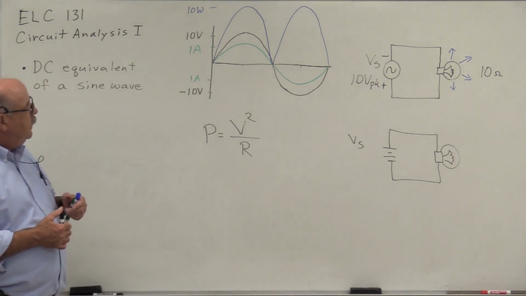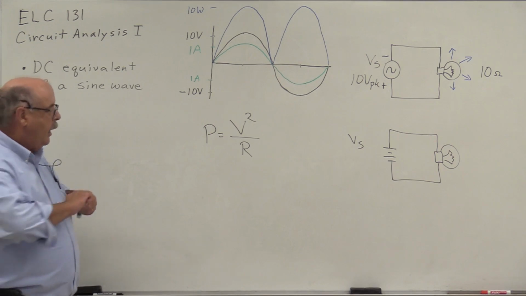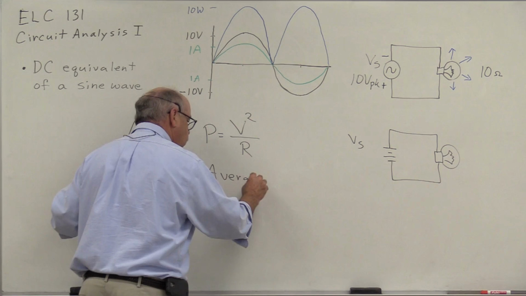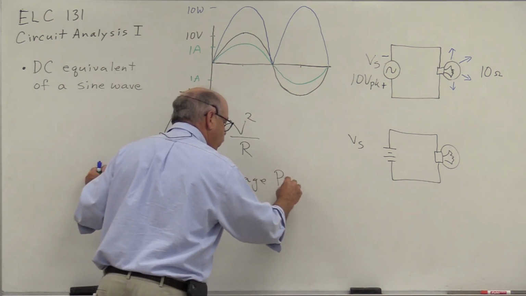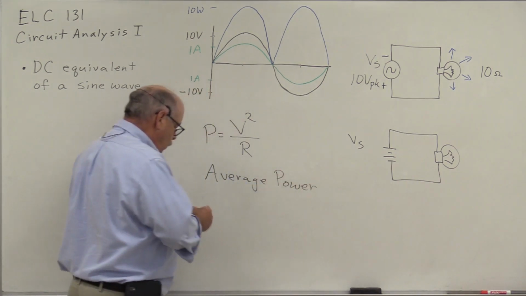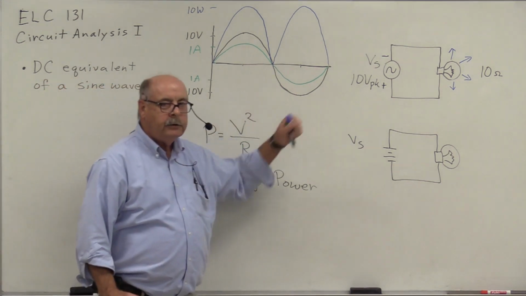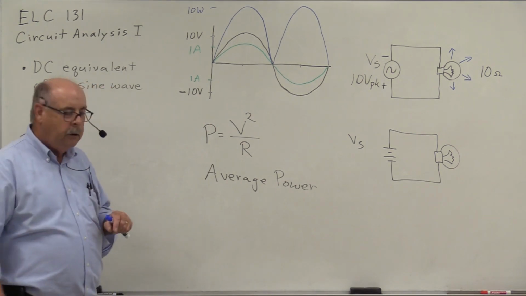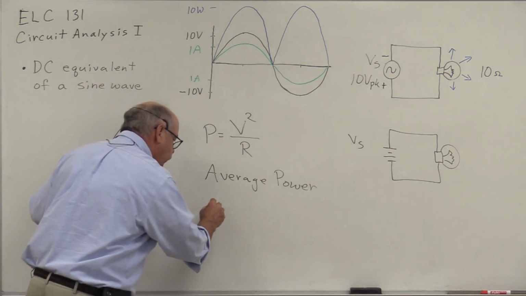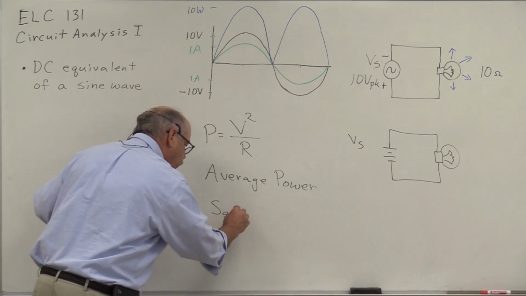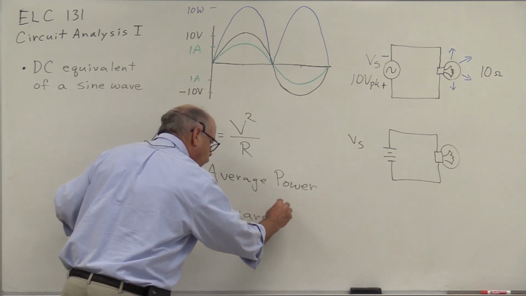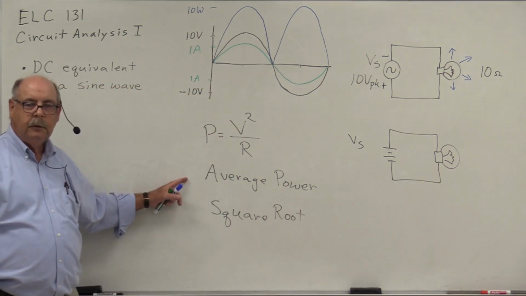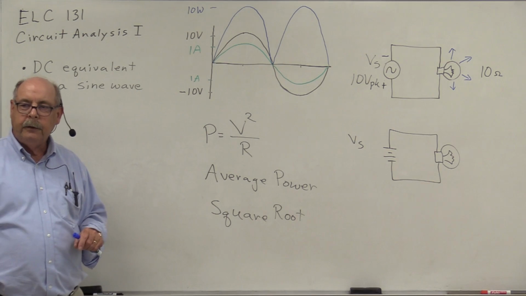After I've found the square of the voltage, I have to find then the average power throughout this entire cycle. And because I squared everything earlier, what I need to then do is find the square root of the average over one whole period.